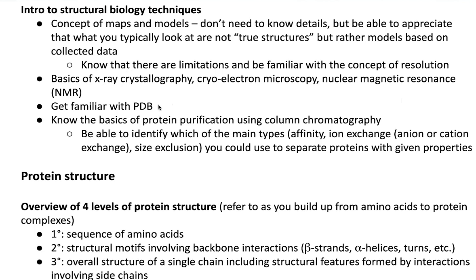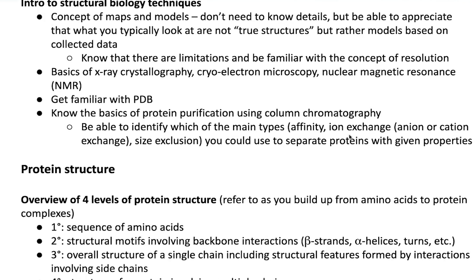If you want to play around with proteins in the lab, or understand how scientists do, know the basics of protein purification using column chromatography. Be able to identify the main types. Affinity chromatography, where we tag our protein with something like a His tag, Strep tag, GST, or MBP, which we can use as an affinity tag to purify it out specifically based on that tag.